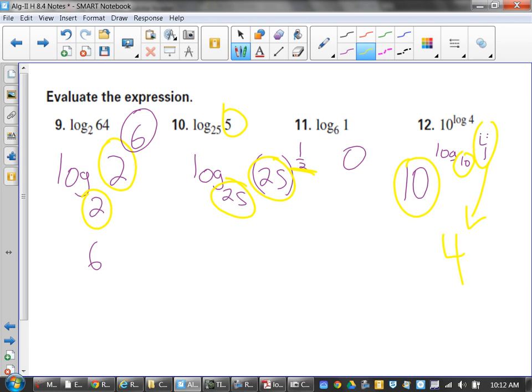It means b to what power is 1? 0. Okay? It takes a little bit of time to get used to some of these problems, not gonna lie. And the other one is just 1/2, because I changed that 5 to a 25 to the 1/2 power.